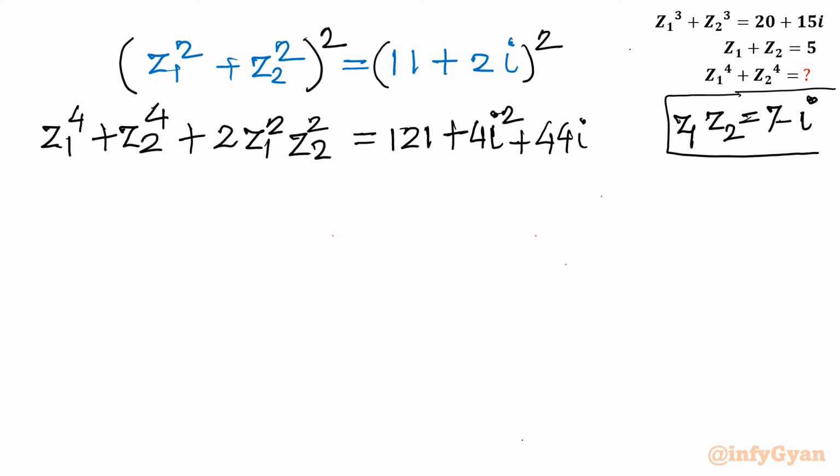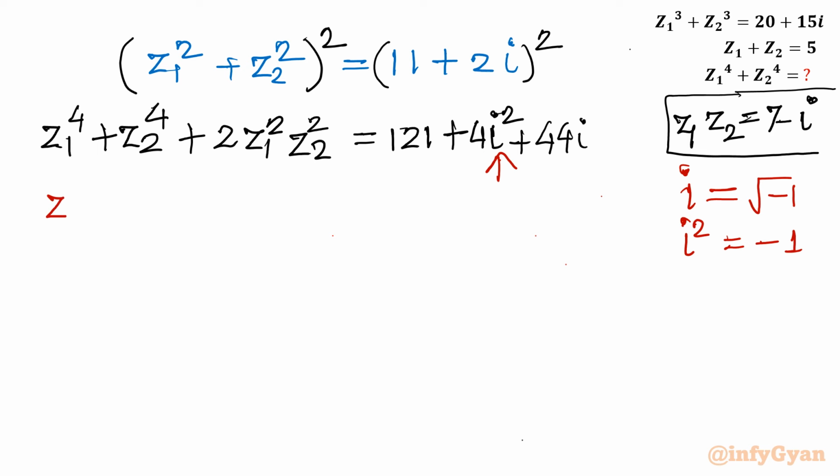Now we know that in complex numbers i is equal to the square root of minus 1, or i square we can put as minus 1 if required. So here i square is required, so there I will write minus 1.